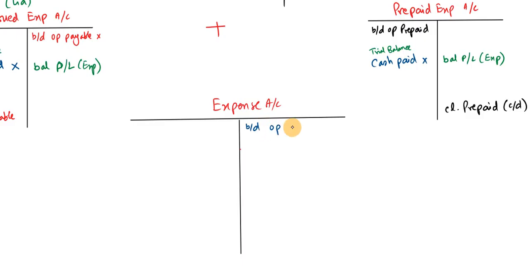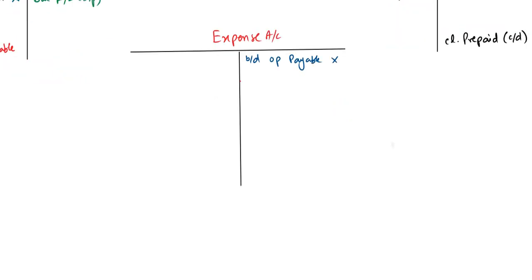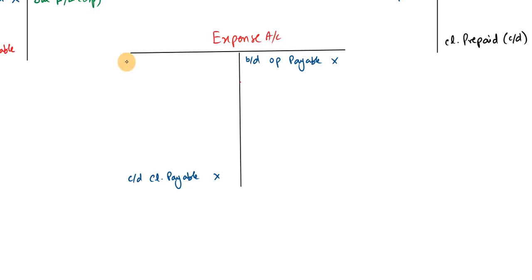In case of accrued, here is the opening balance b/d, that is the opening payable, on the credit side, and here is the balance c/d, that is the closing payable. And here is the balance b/d in case of opening prepaid, and here is the balance c/d in case of closing prepaid.